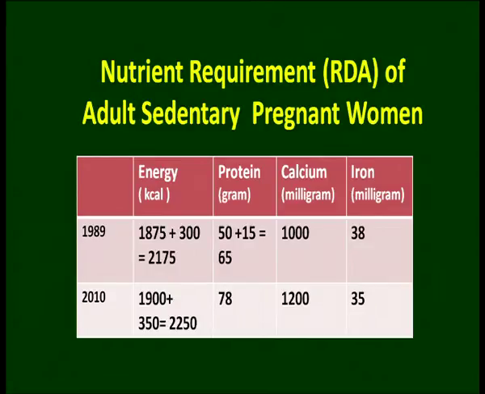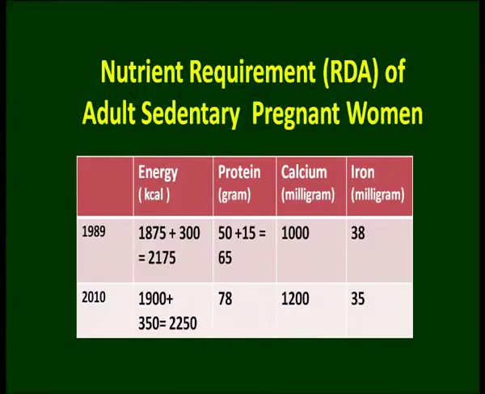With the updated version of 2010, 350 extra calories are given to pregnant women. So, for example, for a sedentary pregnant woman, 1900 is the regular calorie requirement. In addition, add 350 calories. So, for sedentary pregnant women, the requirement is 2250 calories per day.